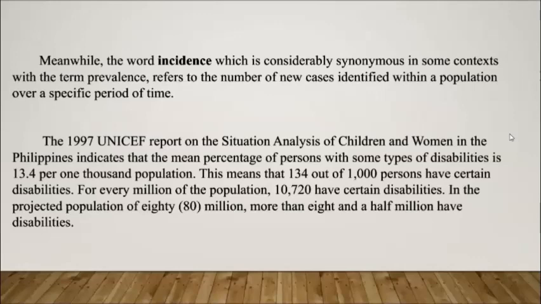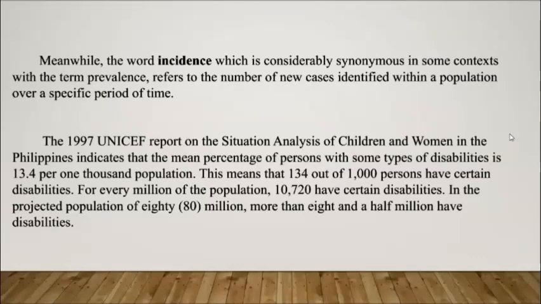The 1997 UNICEF report on the situation analysis of children and women in the Philippines indicates that the mean percentage of persons with some types of disabilities is 13.4 per 1,000 population.